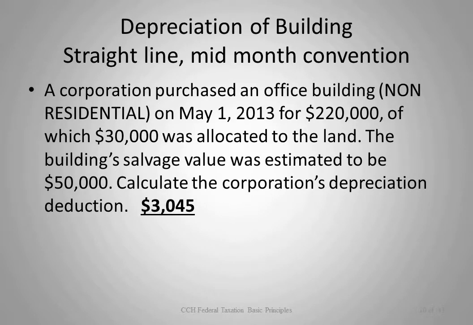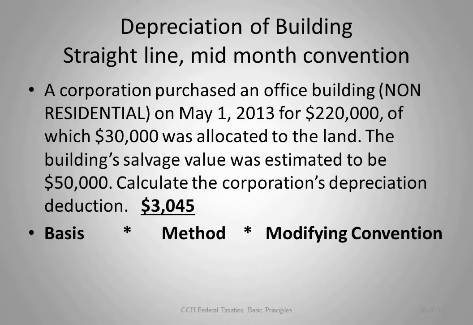All right, same set of facts. The answer is 3045. Hopefully you stopped and you calculated that. If not, do so before I show the answer so you know what's going on. If all you're doing is reading, your brain is not fully involved here. So the basis, well, it's the total purchase price minus the land cost.